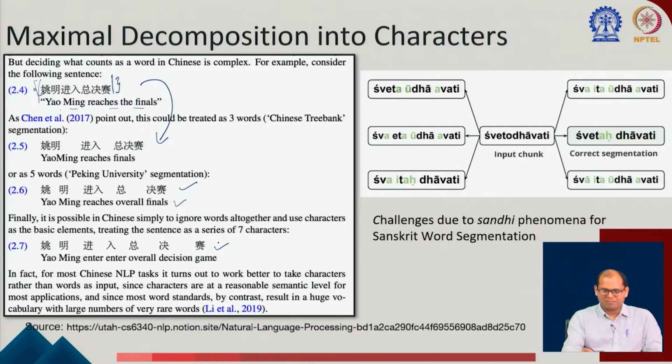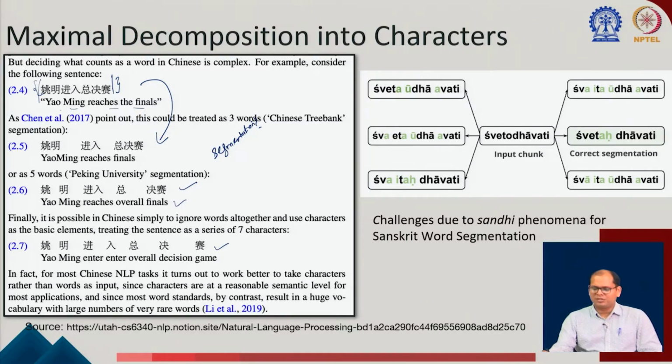I would have to do some segmentation, and learn what is the best segmentation among all of these. So how do you do segmentation? That itself becomes a problem in languages like Chinese, and it is also common for German compounds and other such languages.